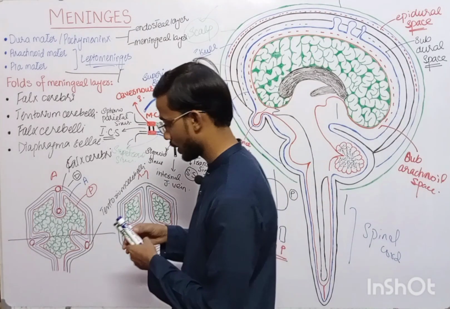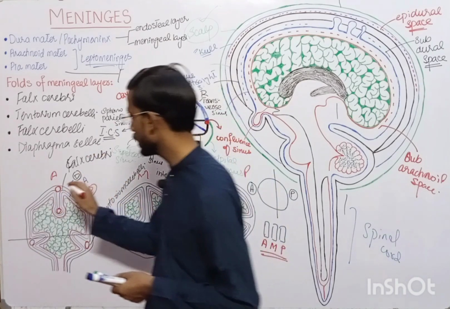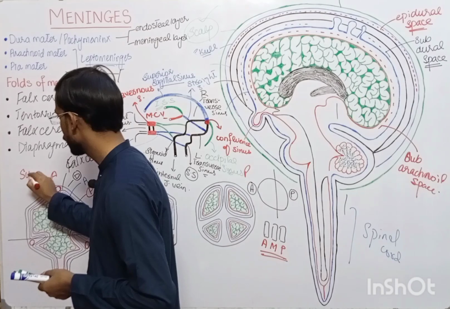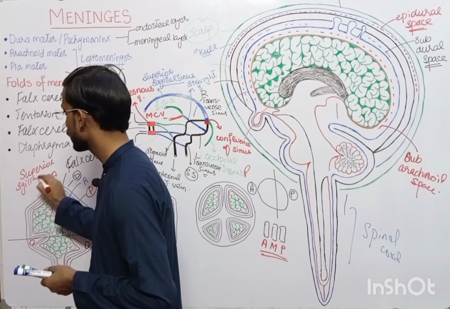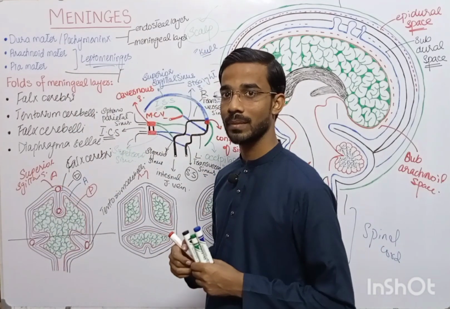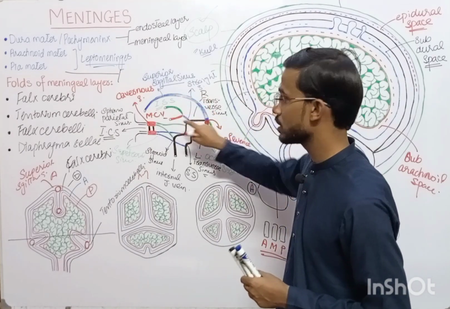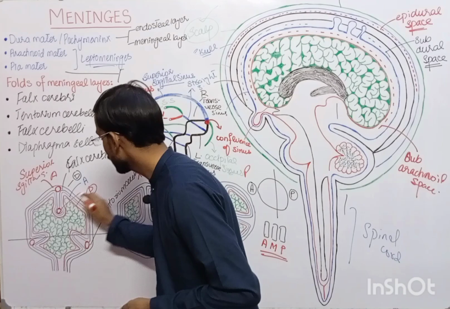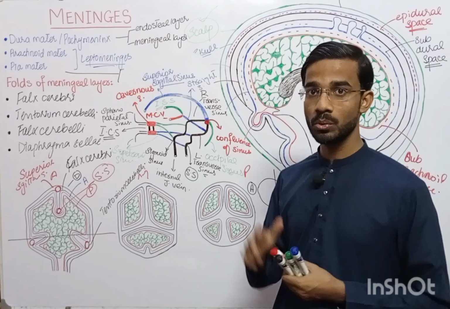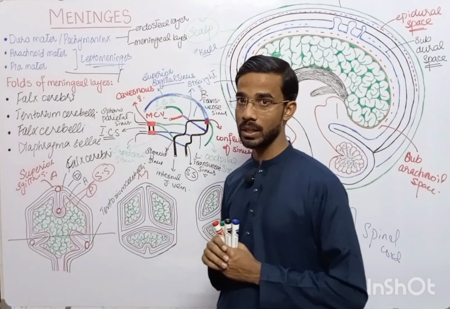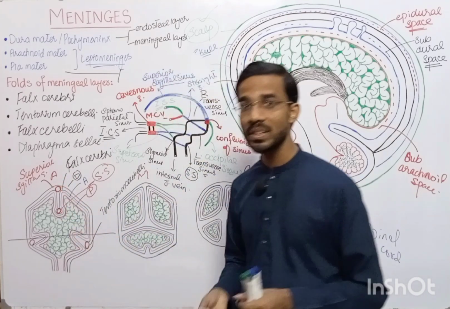And the sinus which is present in this falx cerebri is the superior sagittal sinus, and below there is a straight sinus. So two sinuses are prominent in the anterior section of the brain: first the superior sagittal sinus and second the straight sinus.